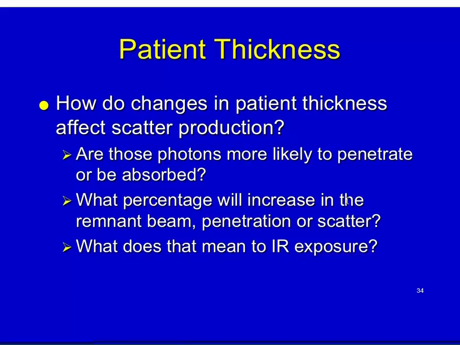So thinking about your interactions inside of the patient, each time you add a layer of soft tissue, one more thickness of soft tissue, you're adding possible interactions inside of the patient. So your photoelectrics are going to decrease and your scatter is going to increase.